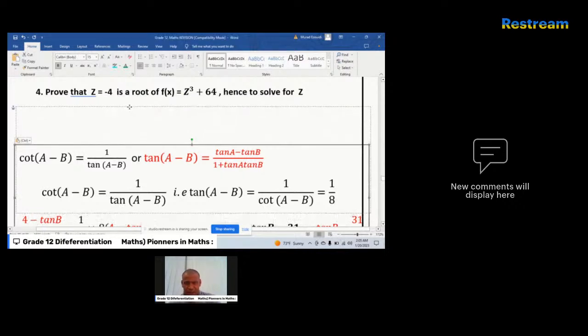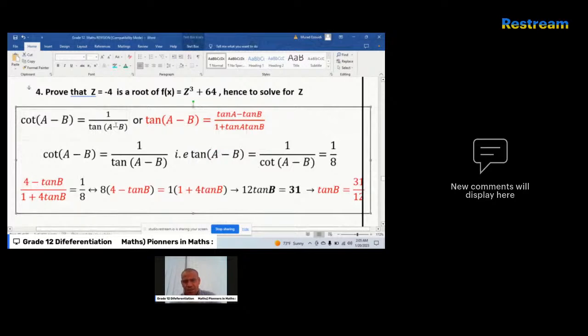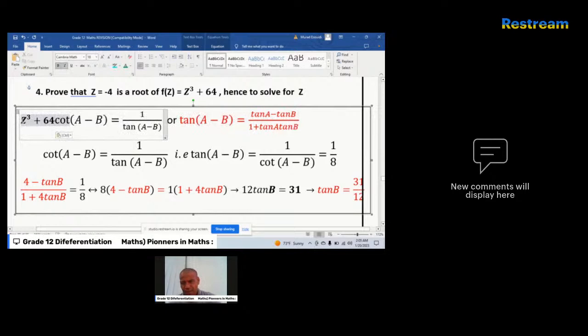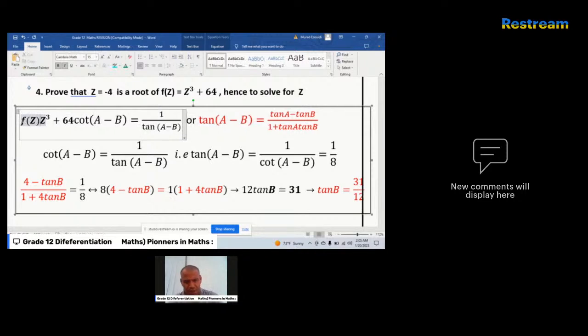Now learners, we have z to the power 3 plus this, which is my function, f of z. I'll just write it here: f of z is equal to this.